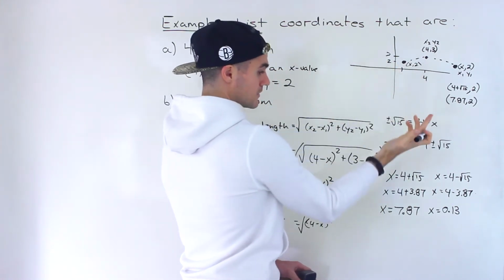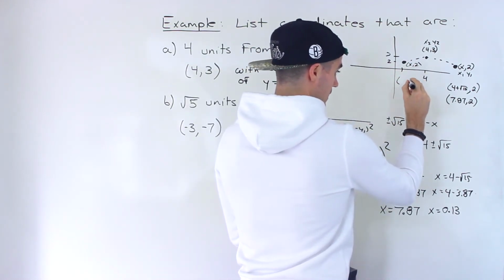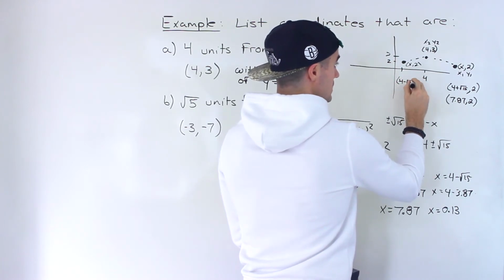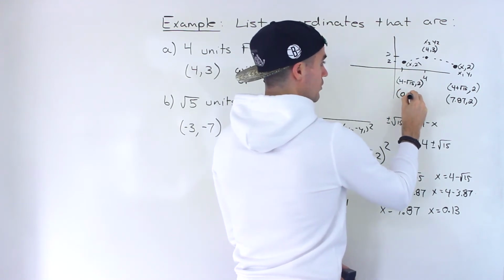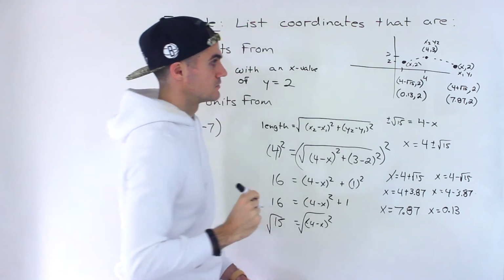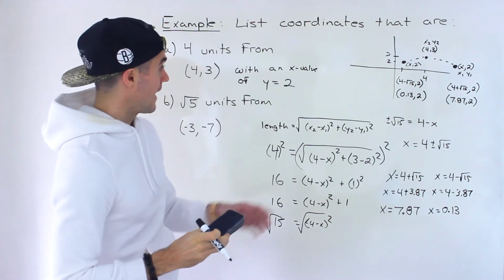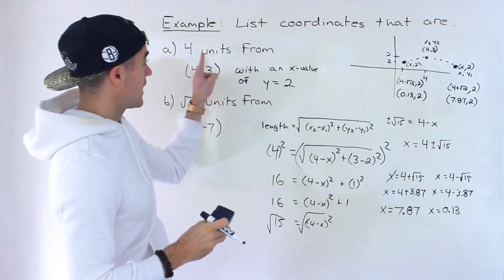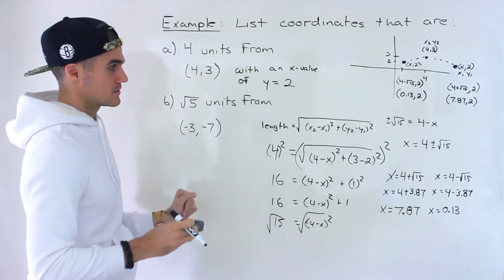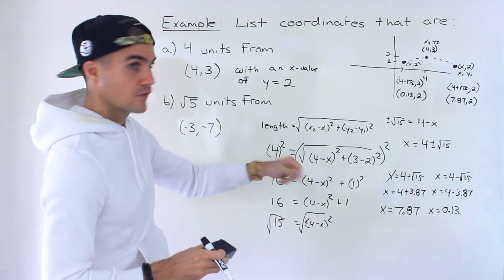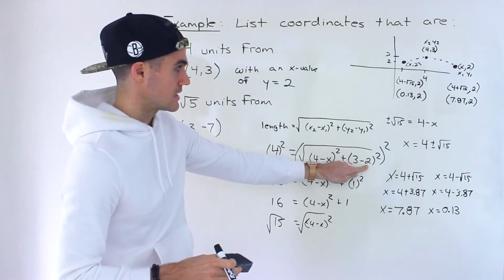It'd be over here somewhere. So this point could either be 4 minus root 15 and 2, or 0.13 and 2, like that. So those are the two different points that have a y value of 2 that are 4 units from this point. Okay, same exact process, it's just now the variable that we were solving for was here instead of being here as it was last time.